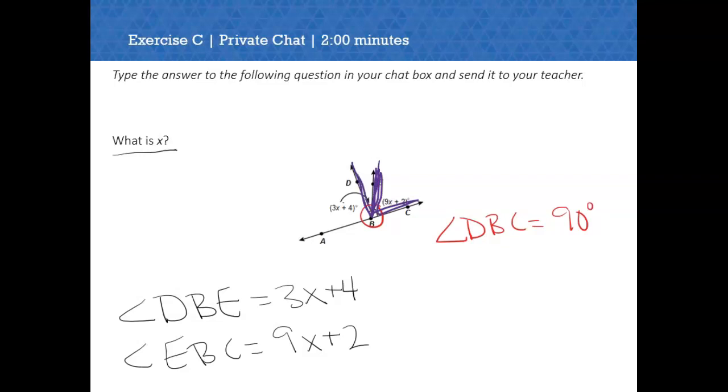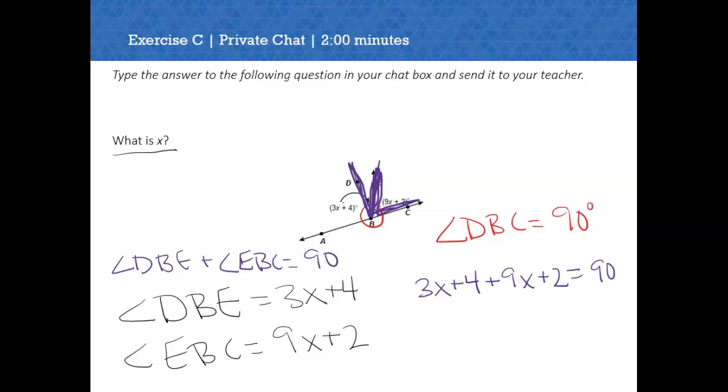If we add these two up, they're 90 degrees. So we can write 3x plus 4 plus 9x plus 2 equals 90, because the measure of DBE plus EBC is 90. So we just plugged in what we knew: 3x plus 4 plus 9x plus 2 equals 90.